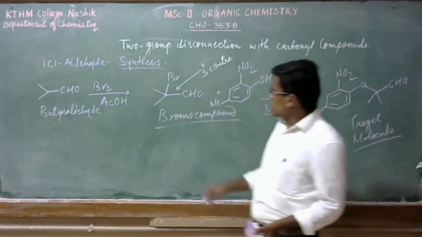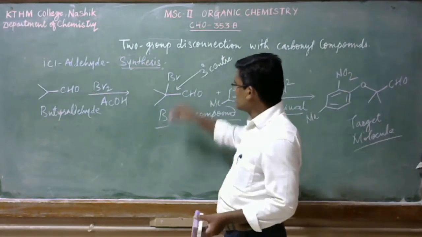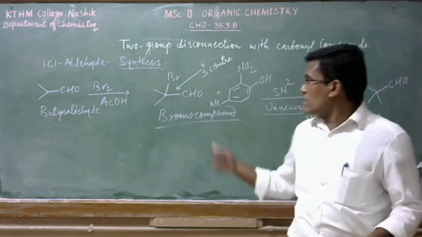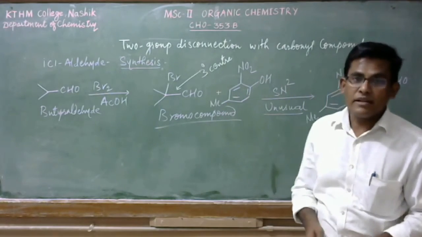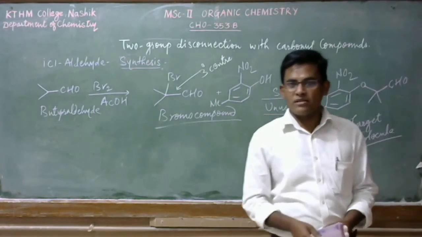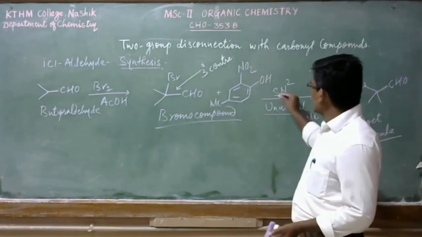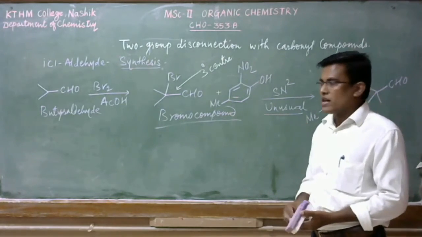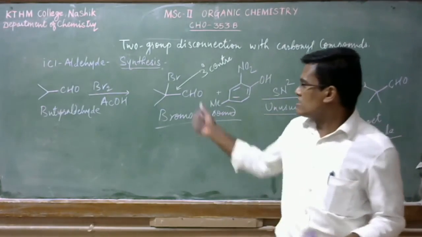Okay, so because of this carbonyl compound adjacent to this halide, this compound becomes a reactive electrophile. So this SN2 reaction will undergo. So this is the unusual SN2 reaction.